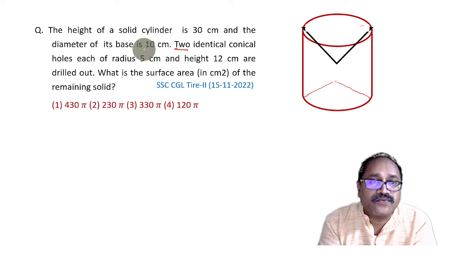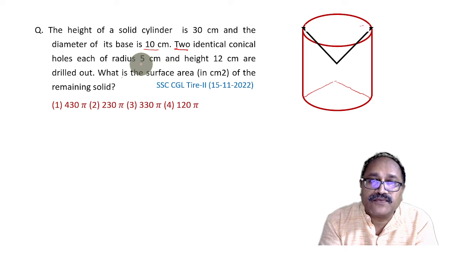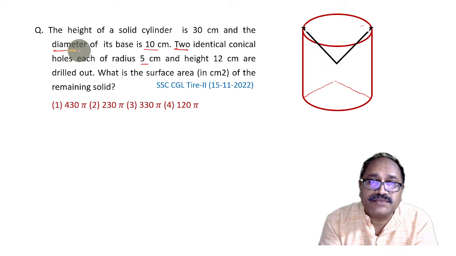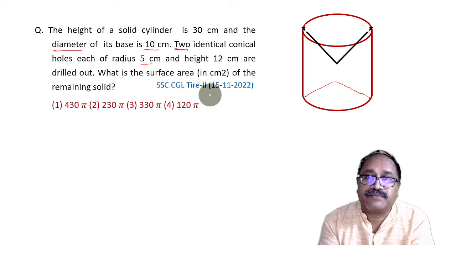The radius of the cylinder is the same as the radius of the cone, because here it is given in terms of diameter 10, that means radius is 5, and for the conical hole here also the radius is 5. So that identification is one of the important parts of it.